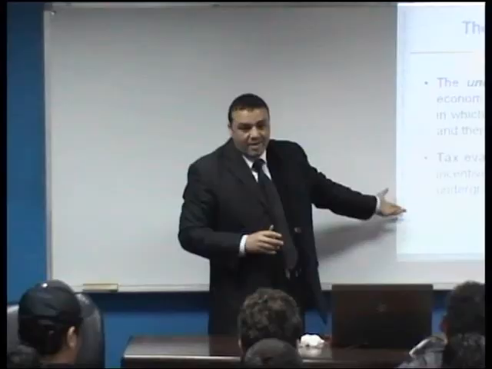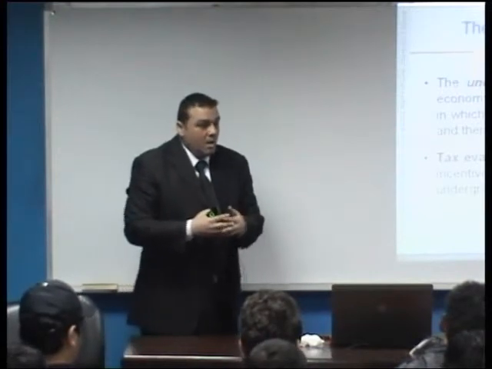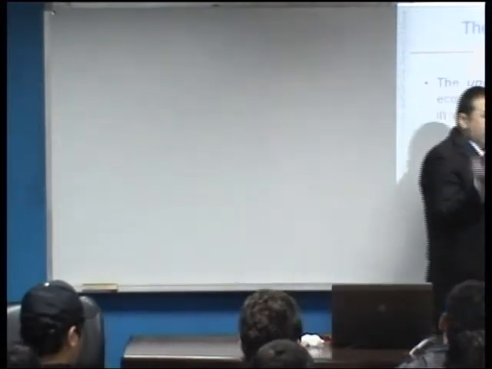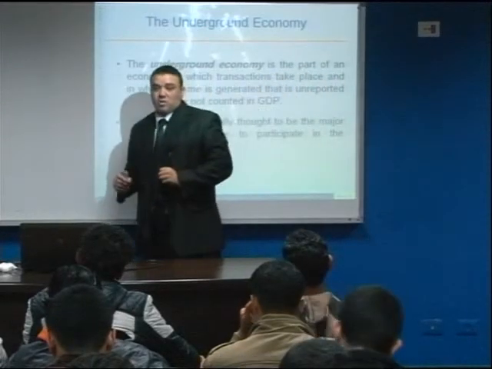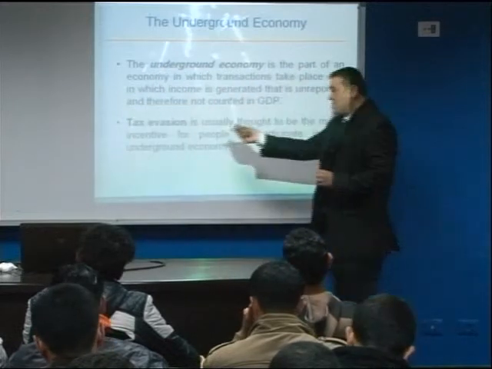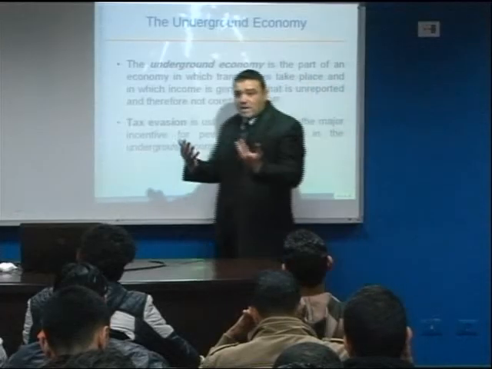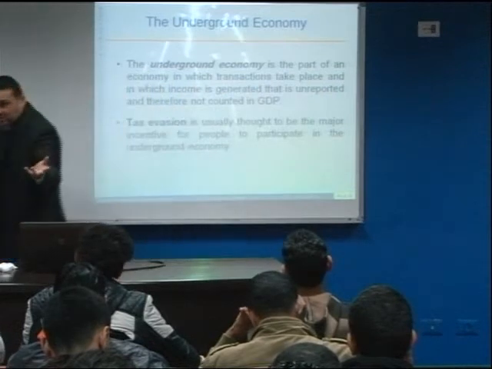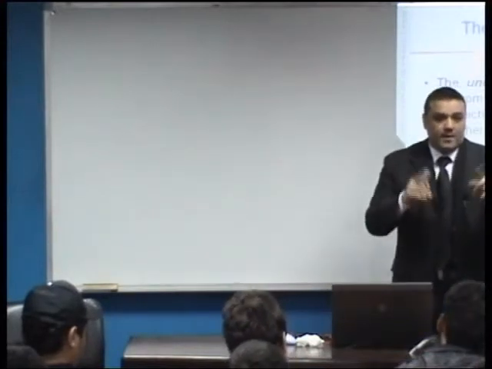An example is tax evasion: the economic activities are actually implemented but not reported in the GDP calculation. Tax evasion is usually thought to be the major incentive for people to practice in the underground economy. The black market, as your classmate explained, is one of the examples of the underground economy. Okay.